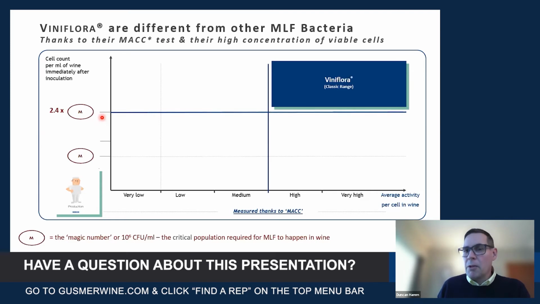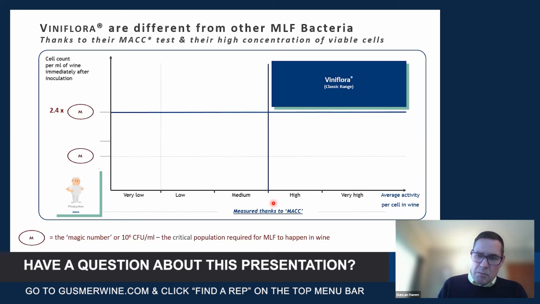So they're based on a very, very high cell count. Along the bottom here, this represents culture activity, which is also based on adaptation of the cells. We have an internal test called MAC, which is malic acid conversion capacity. And all of our cells have very, very high activity and very, very good adaptation to wine conditions.